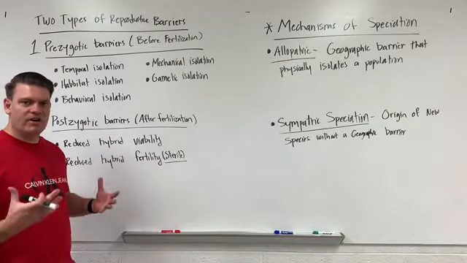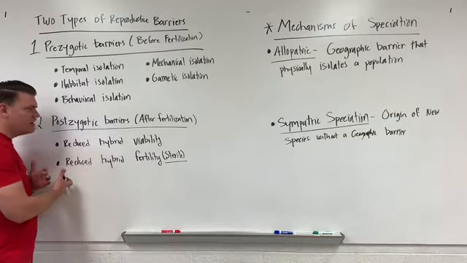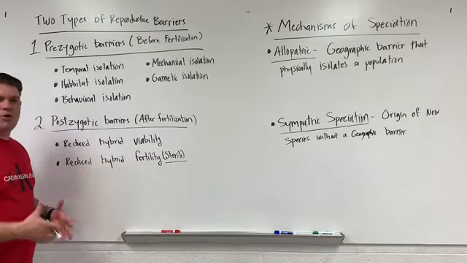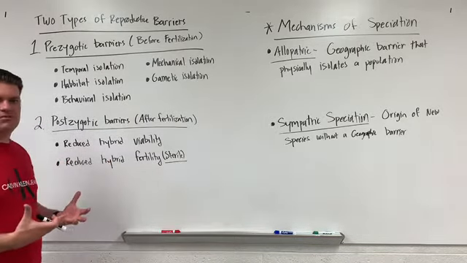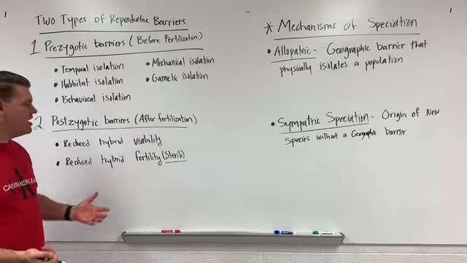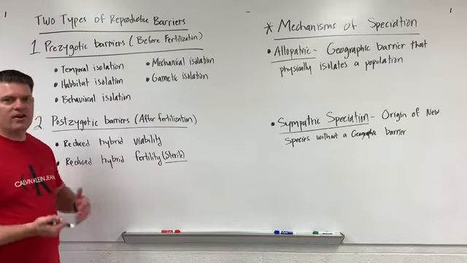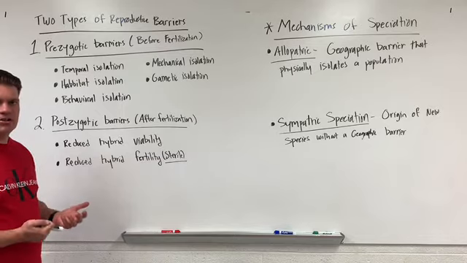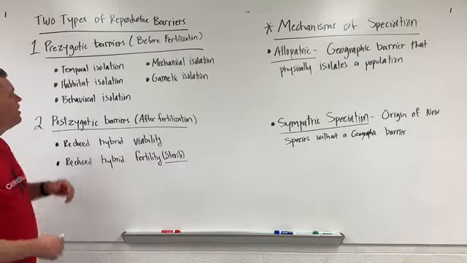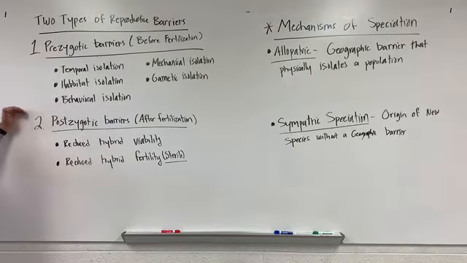But yeah, there are some very unique hybrids that can be very viable, that can grow up and survive, but at the end of the day, they're infertile and they're unable to actually create offspring. All right, so those are our two types of reproductive barriers, our prezygotic and postzygotic.